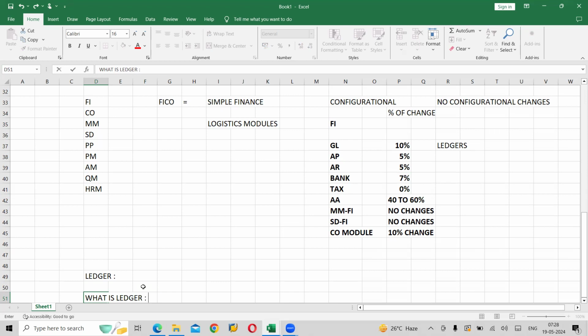So here ledger in the sense, as we know academic wise, individual accounts or individual set of books, right? Accounting book.